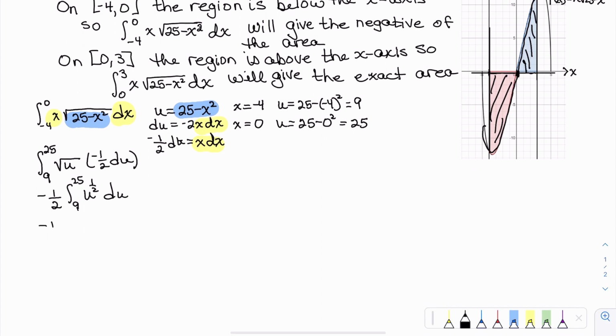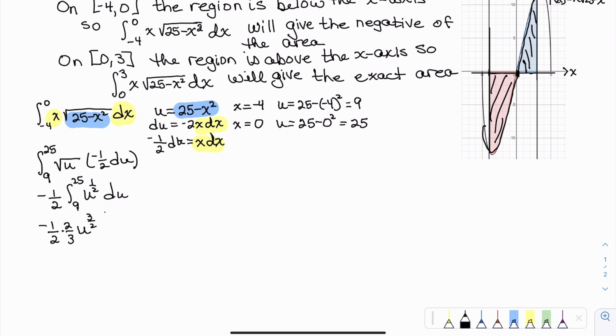Now as we're integrating that, we notice that it's a letter base to a number exponent, and the number exponent is not -1. So we will use the power rule. Keep the letter base u, add 1 to the exponent, 1/2 plus 1 is 3/2. Divide by 3/2, which is multiplying by 2/3.